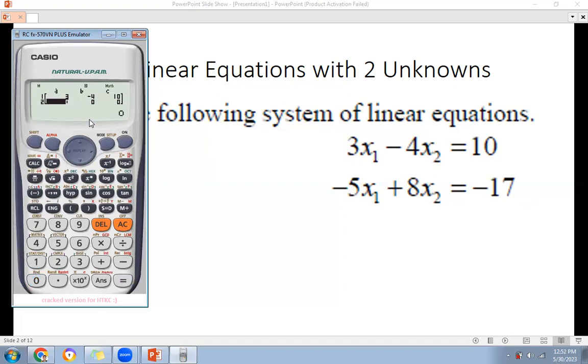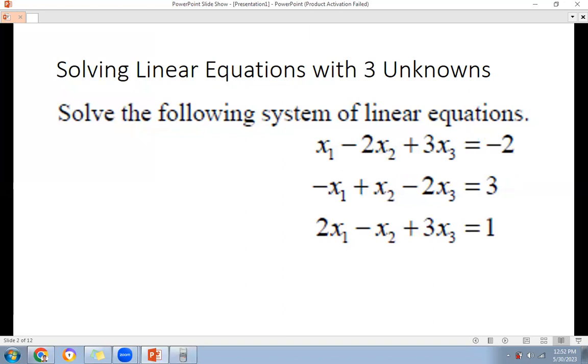On the second row, -5, 8, and -17. Then equals. Here we get the value for x1, which is x, and for x2, which is y, in this calculator, -1/4. So that is our solution.